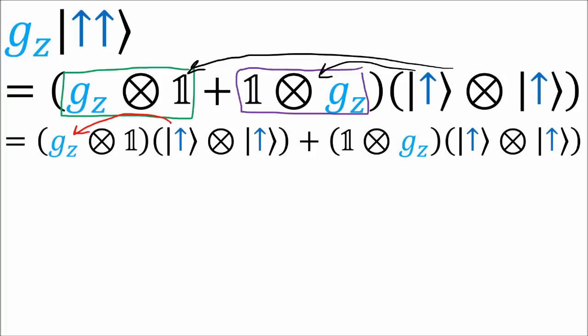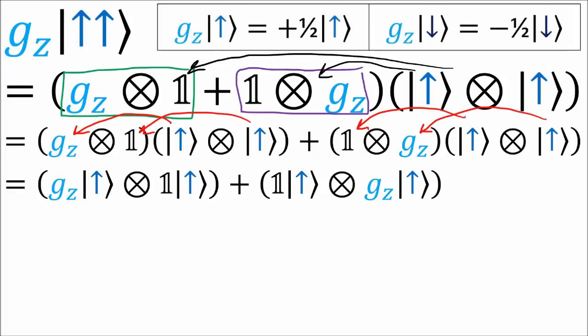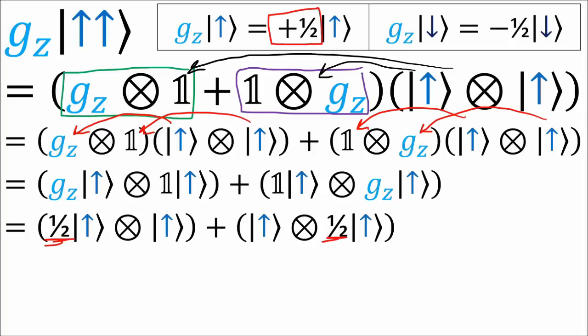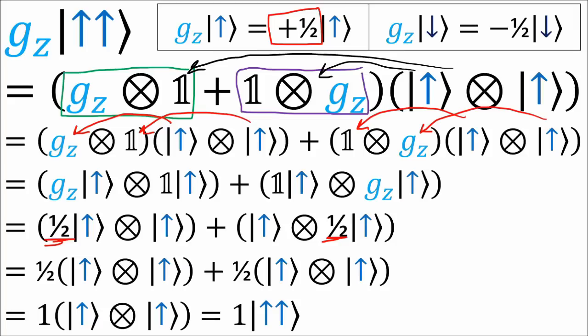The first state goes to the first operator, and the second state goes to the second operator. The Jz acting on the up states will return an eigenvalue of +1/2, and the identity operators just leave the states as they are. Using the rules of the tensor product, we can pull the 1/2s out in front, and then add the states together. We find that the eigenvalue of the up-up state is 1.